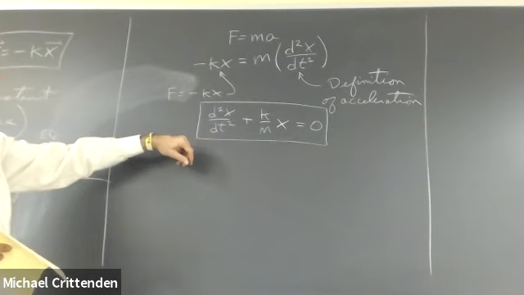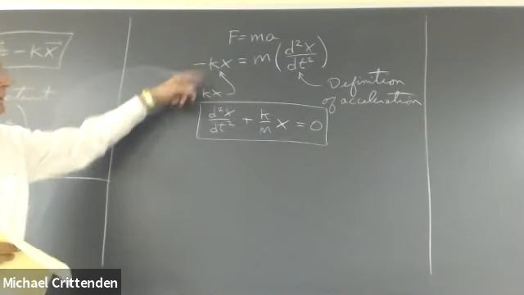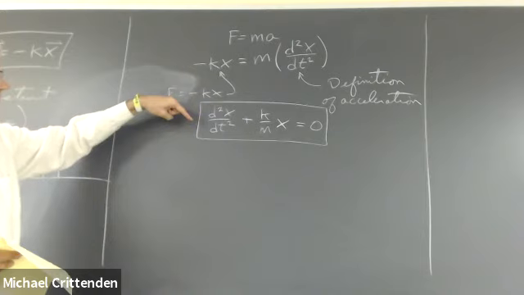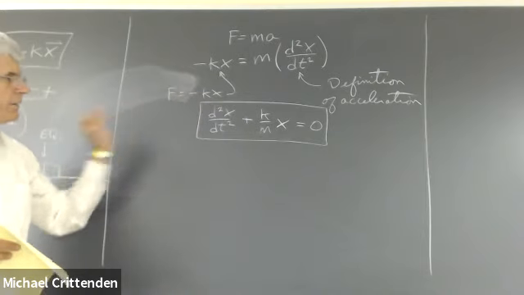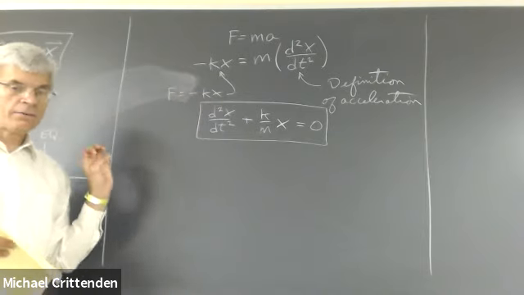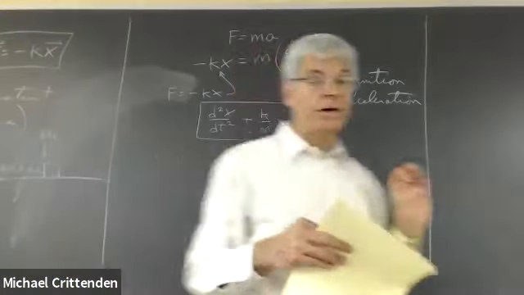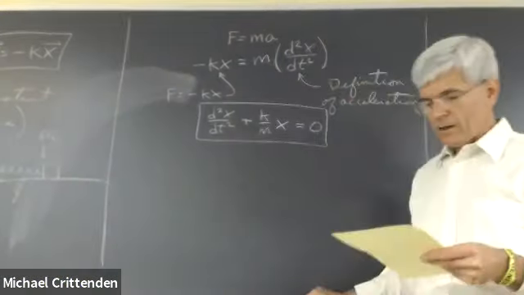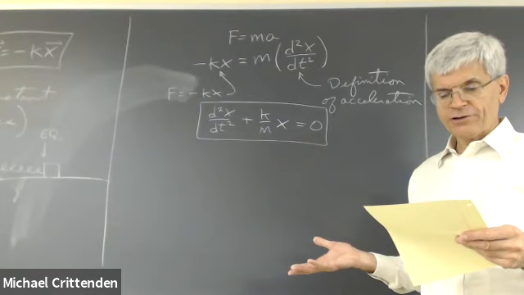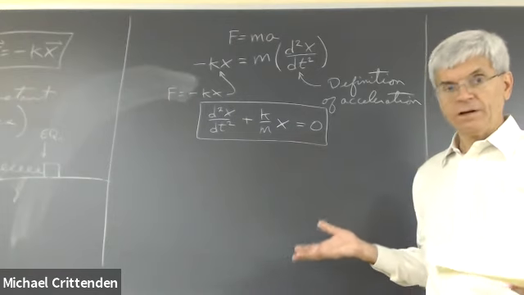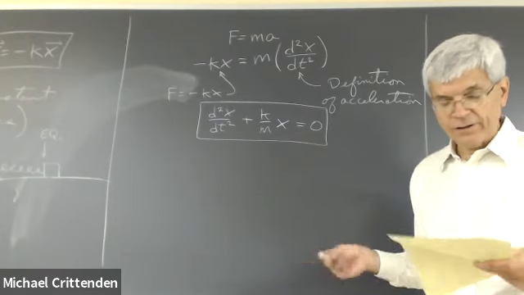A couple of lines of elementary algebra gets you from there to there. This thing that I put the box around is called the system's equation of motion, which means the differential equation that governs the system's behavior.